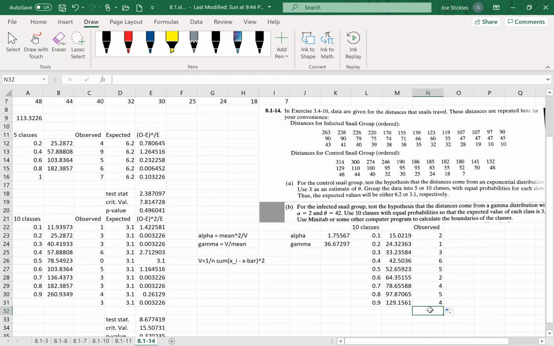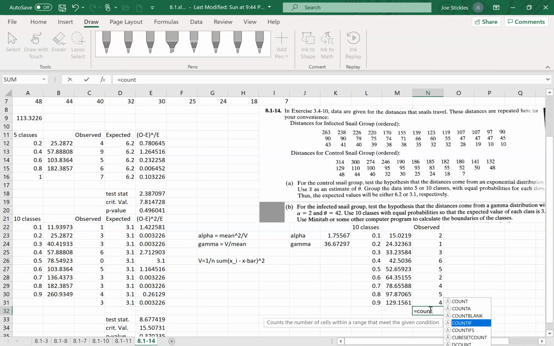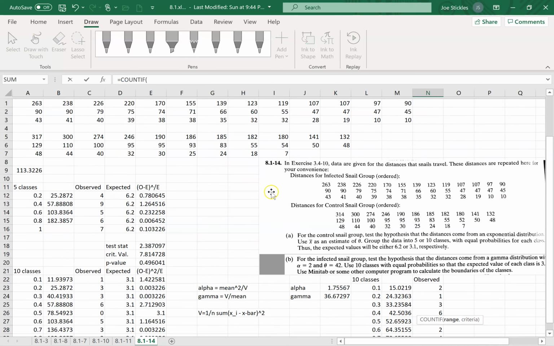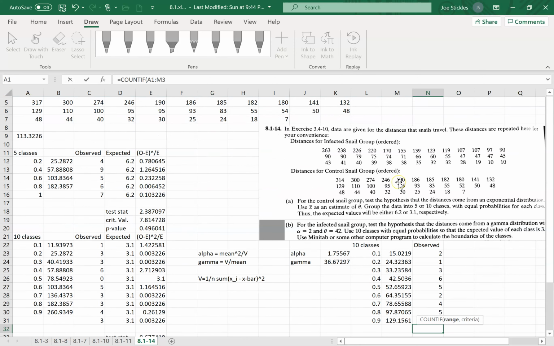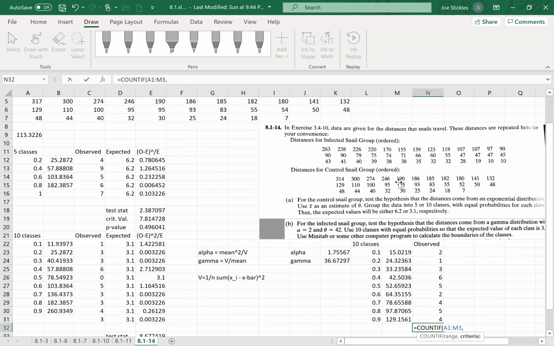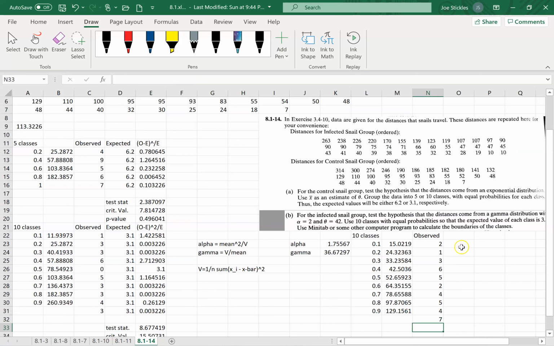And I need one more, the greater than one. So scroll back up, I need this data. Is it greater than that 129 number there? All right, there's our observeds.